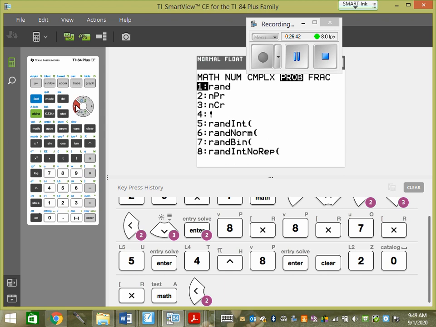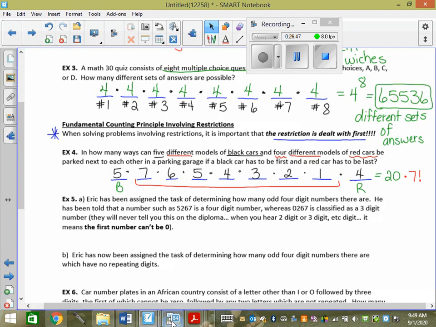Okay? So, if you want to write it down, you can. It's going to be math, over to probability, number 4, which is factorial. You won't need these steps because you'll be pushing the button so much it'll be part of your being by like tomorrow.